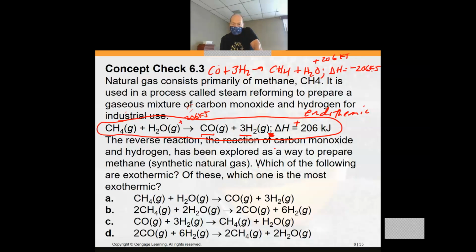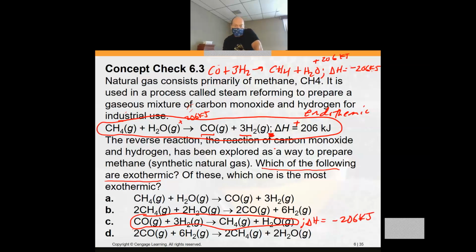It says here in this question, which of the following are exothermic? It is any of these reactions where the CO and the H2 are reactants. The only one, well, no, there's more than one. This is exactly what I wrote up above, so that one is exothermic. Your delta H here is negative 206 kilojoules for this reaction.